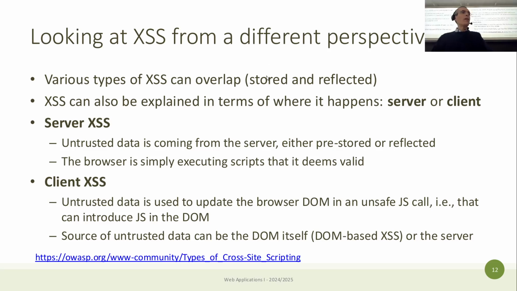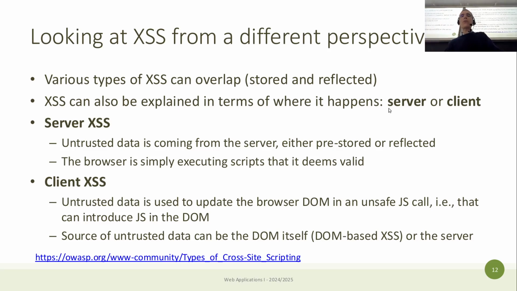Okay. Looking at the attacks that we just mentioned from a different perspective, classifying these attacks is not always easy, because we can think about them in terms of different properties.